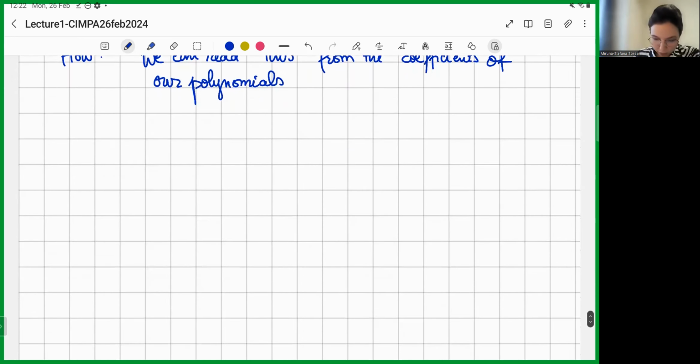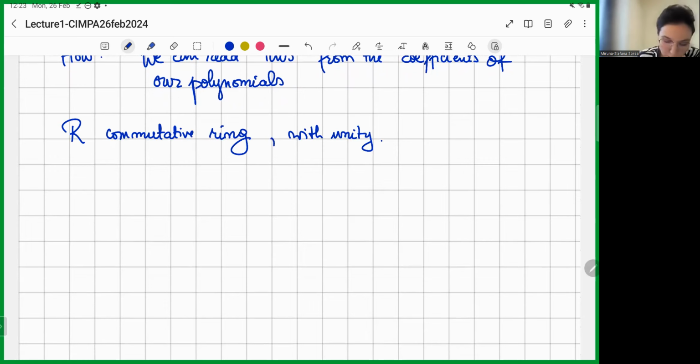Let's see more exactly. Let's take R, some commutative ring, say with unity, and we take two polynomials. Let's say f is a0 x to the m plus ... plus am.